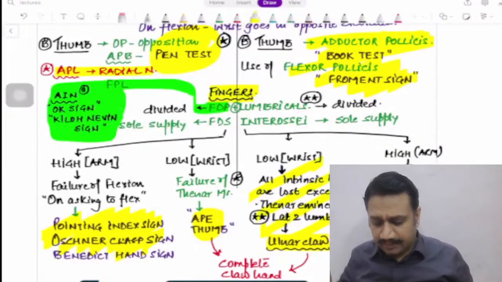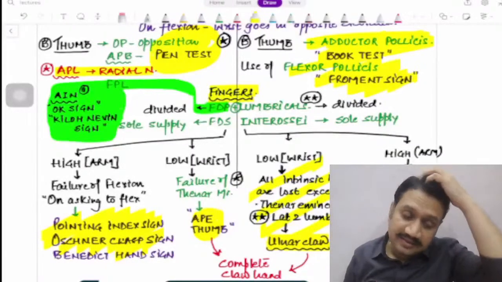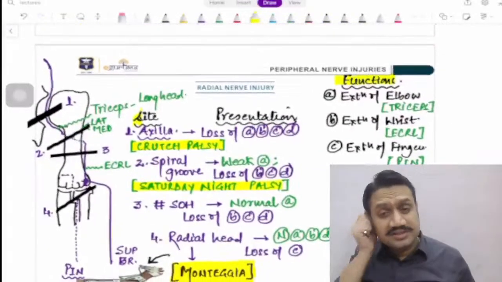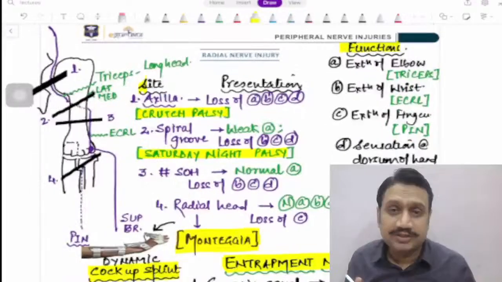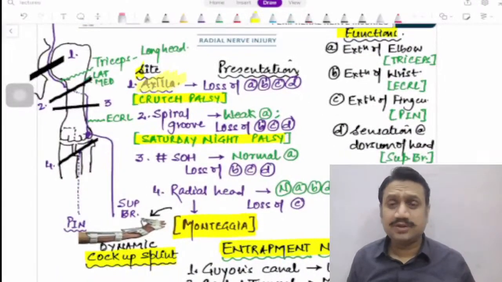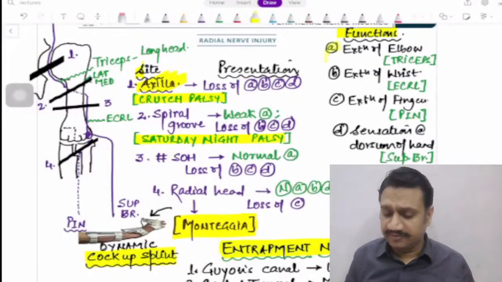Now about the radial nerve. Please don't forget the presentation when the injury occurs at a different location. The locations may vary and they change the presentation of the patient. For example, if there is an injury in the axilla, this is called crutch palsy, so every action of the radial nerve will fail.